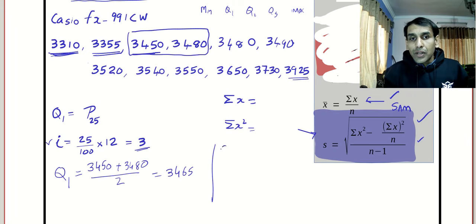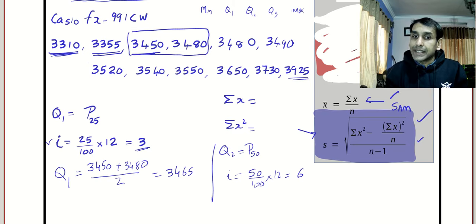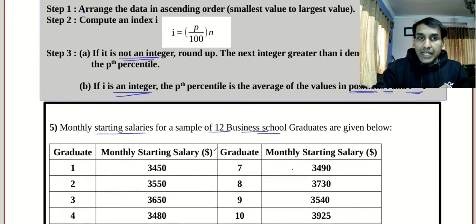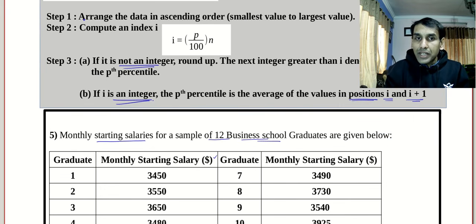Now I go for quartile 2. Quartile 2 means 50th percentile. I told you in the beginning, let it be median, let it be quartile, let it be decile, I'll convert everything into percentage and hence percentile. And I'll calculate 50 divided by 100 multiplied by 12 and that comes to be 6. Is the index an integer or not an integer?